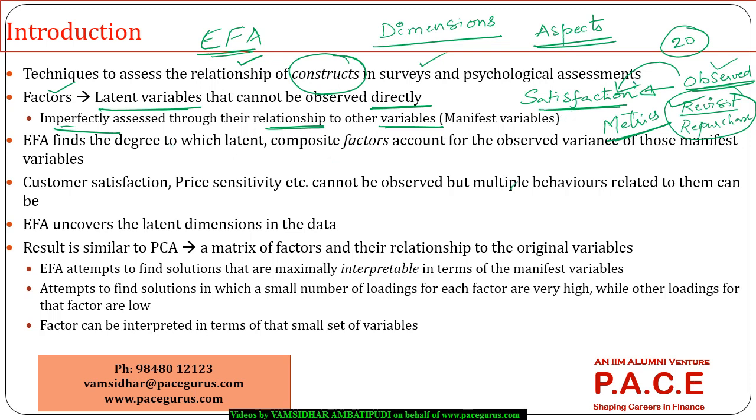So there is some latent variable which can't be measured or observed directly, but I can try to derive it through a set of many other variables which are called manifest variables. Using them, some kind of relationship can be built, and finally some assessment regarding the satisfaction of the customer can very well be created.